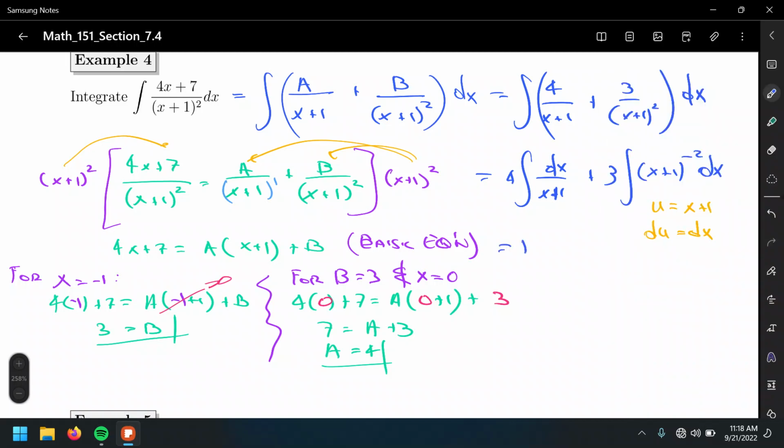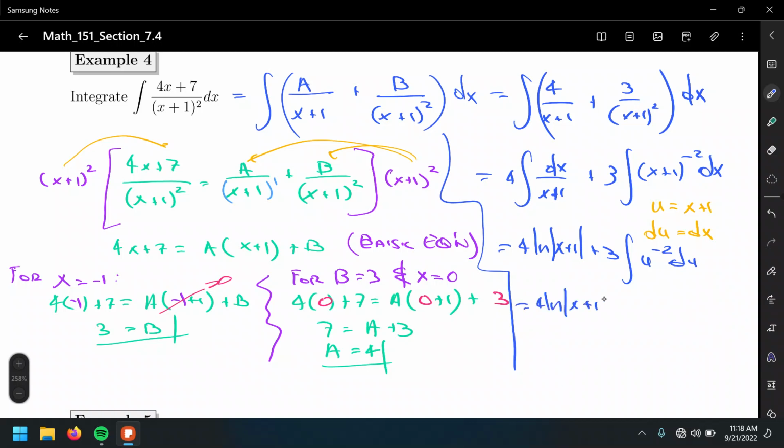So that'll be 4 times ln of x plus 1 plus 3 times the integral of u to the negative 2 du. That's still equal to 4 ln x plus 1 plus 3 integral of u to the negative 2. Well, add 1 to the exponent, and whatever we get, divide that in the denominator.